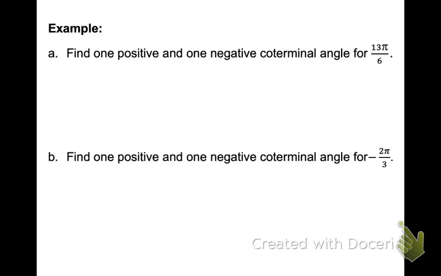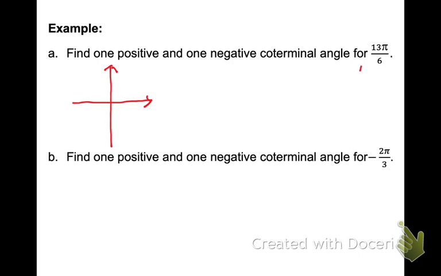Okay, find one positive and one negative coterminal angle. So I'm going to have to add and subtract. Okay, so 13 pi over 6. Let's draw that one first so we know where it's at. You're going to be drawing angles a lot. It helps. Well, 6 goes into 13 more than twice, yes?